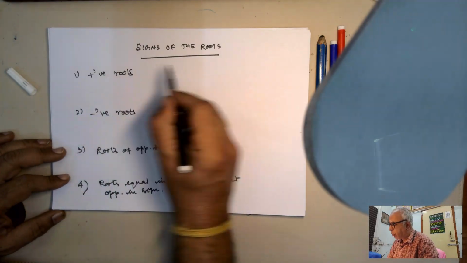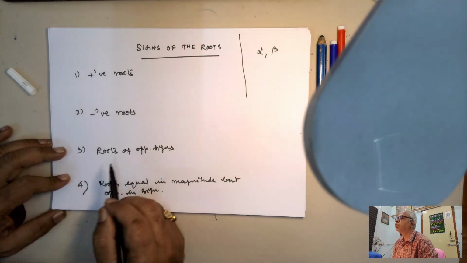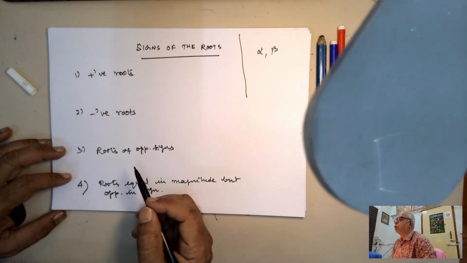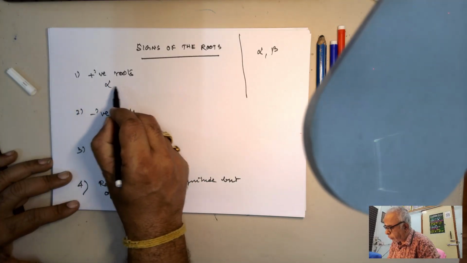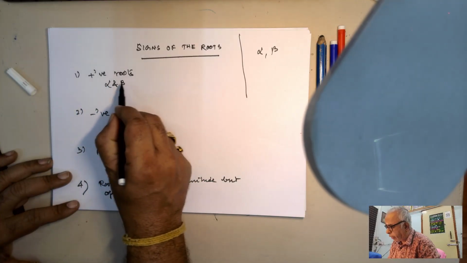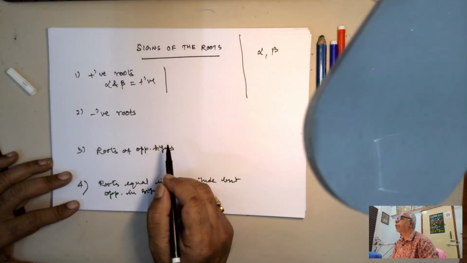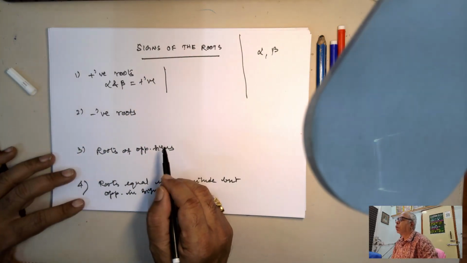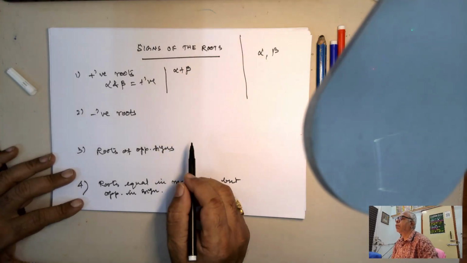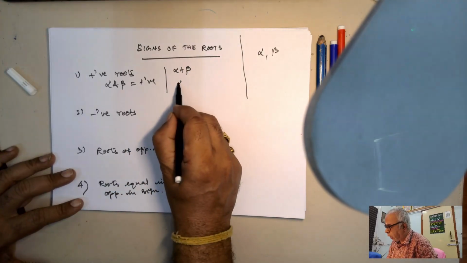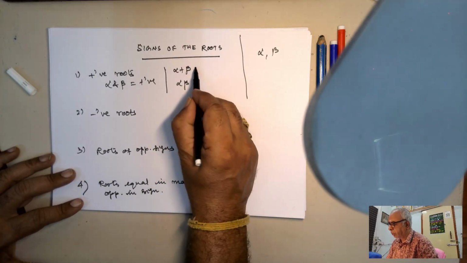What do you mean by roots? By roots, we represent alpha, beta. Both roots are positive, that is, alpha and beta are positive. If alpha plus beta, that is the sum of roots, and alpha beta, the product of roots, are positive.